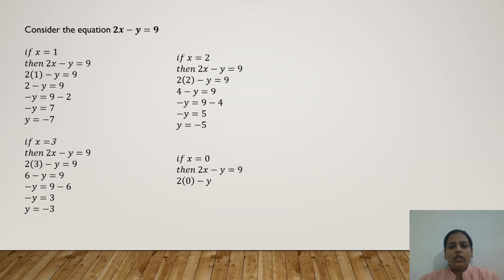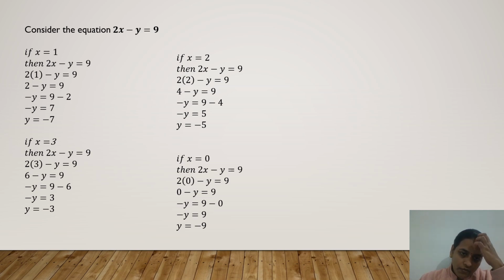Next, if x is equal to 0, then put this value in the given equation, 2x minus y is equal to 9. That is 2 into 0 minus y is equal to 9. 2 into 0 means 0. 0 minus y is equal to 9. Minus y is equal to 9. Therefore y is equal to minus 9.